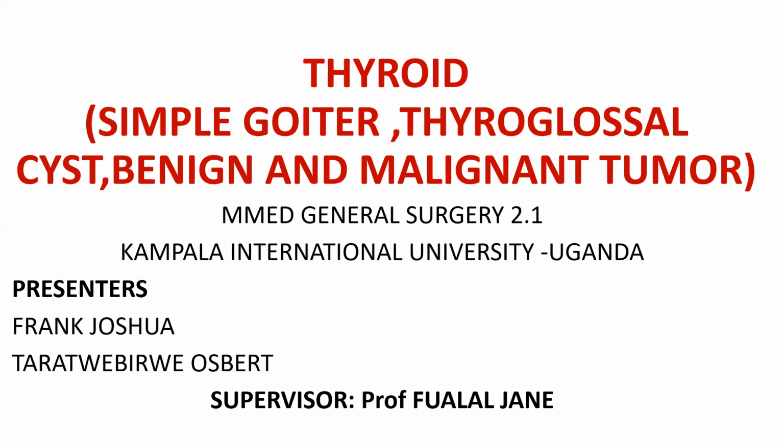Then, when you talk about surgery and you are writing your notes, I would wish that you are as descriptive as possible. Thyroidectomy can be just a lobectomy. This one can be done for a solitary thyroid nodule.